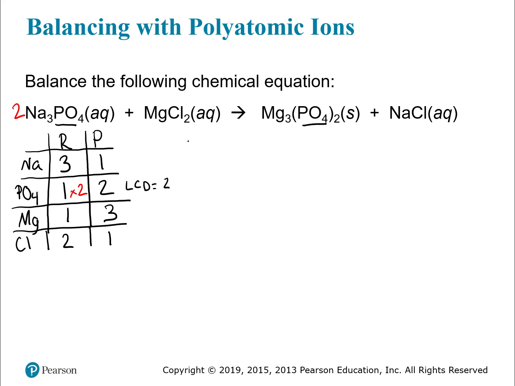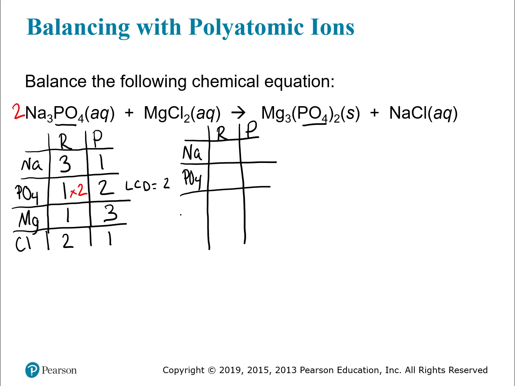That's going to affect our sodium as well as the phosphate. And again, if you're comfortable with balancing by hand and then doing a table at the end, that's fine.